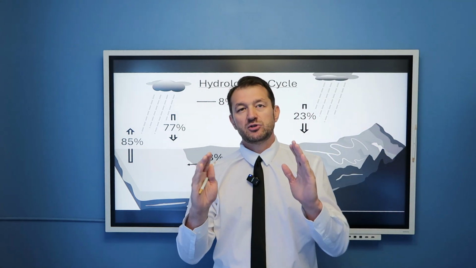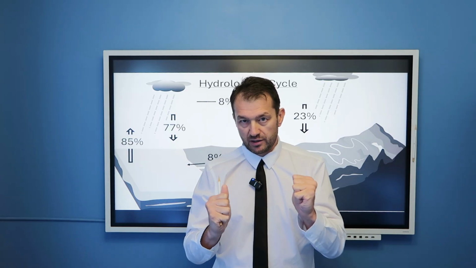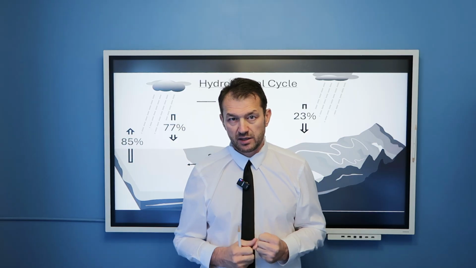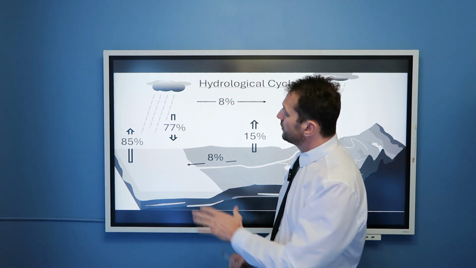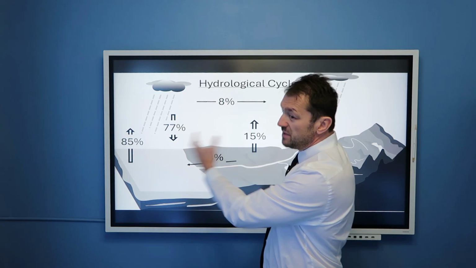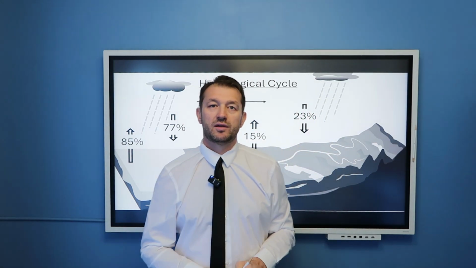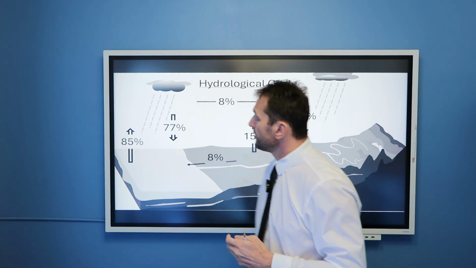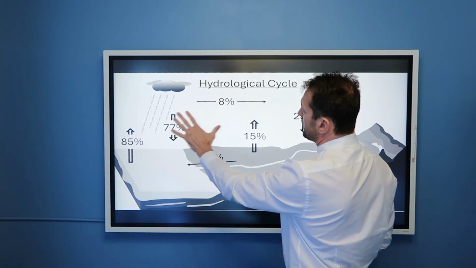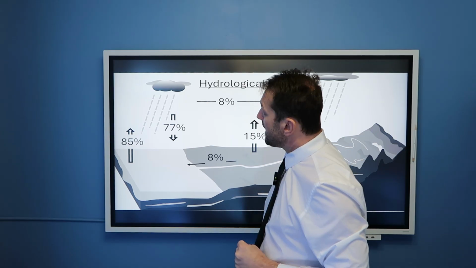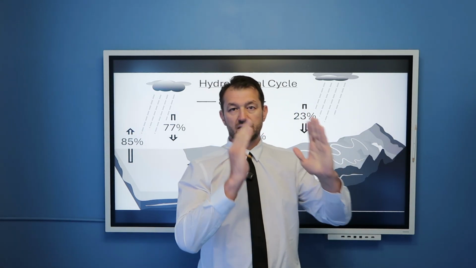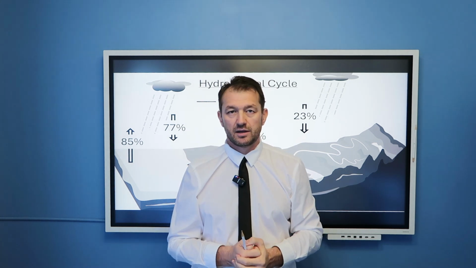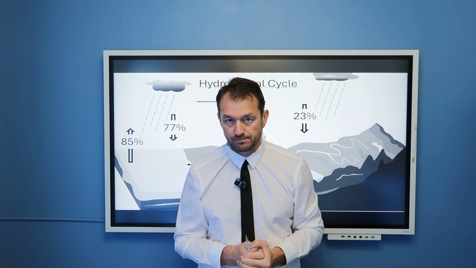So while in terms of the storage of water, the atmosphere doesn't play the biggest role, in fact it plays the smallest role in Earth's system, in terms of the medium through which water is transported, the atmosphere plays a major role. And as I said at the beginning of this video, the atmosphere is the environment in which we have water in the vapor phase, in the liquid phase, as well as in the solid phase, ice.